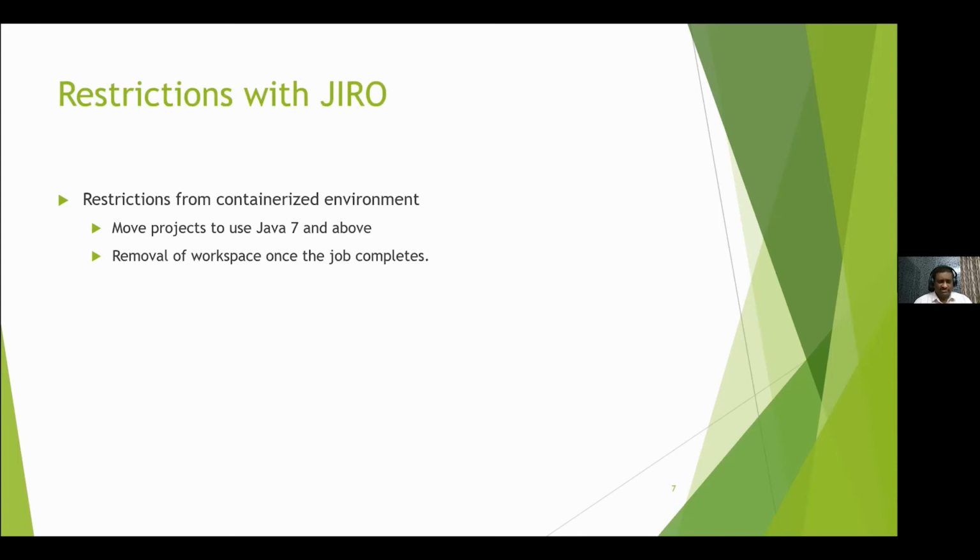So once the job is completed, you will not have access to the workspace. This is not exactly a problem, but it is an inconvenience which we will get when migrating to JIRO. To overcome this, you can use the archive feature in the Jenkins jobs.